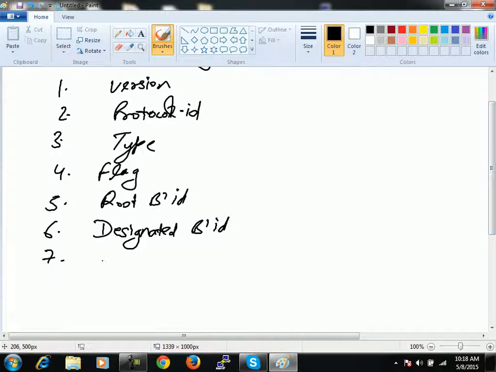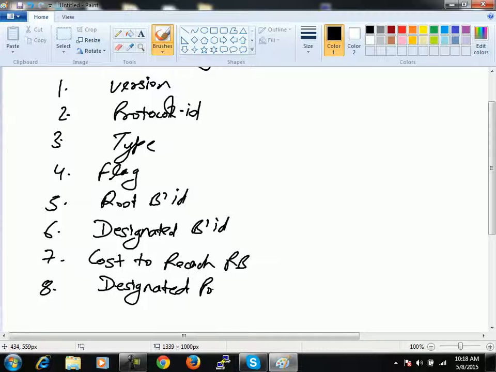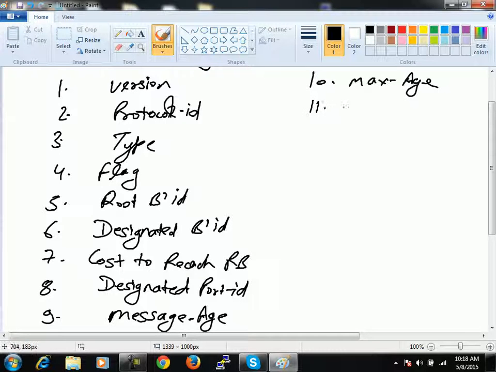And then cost to reach the root bridge, then designated port ID, then message age, message, then you have here forward delay timer, and finally hello timer.